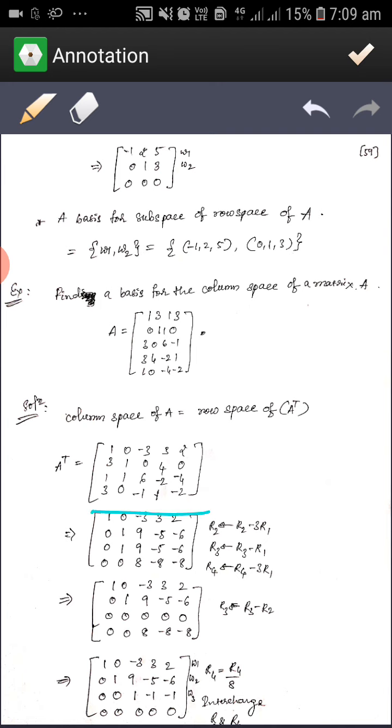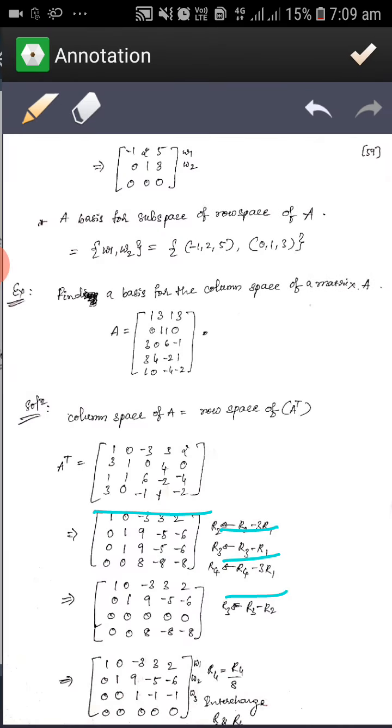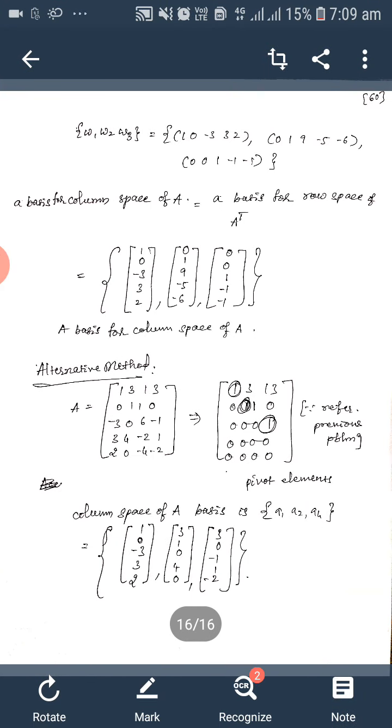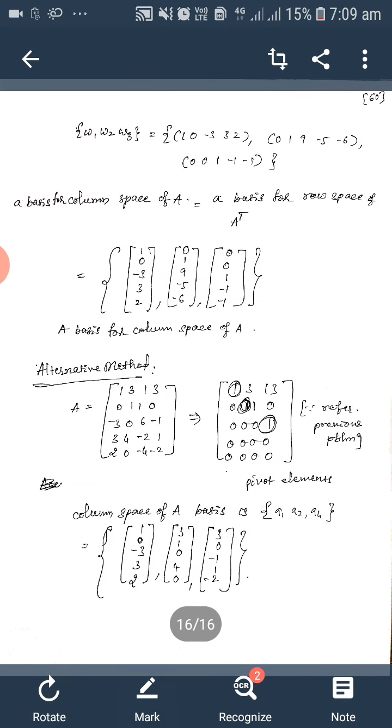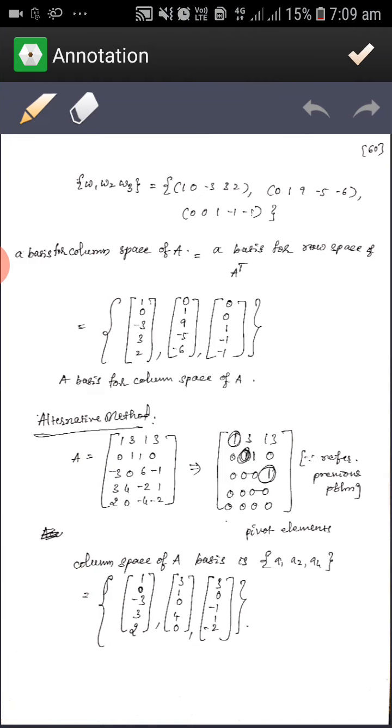So take the transpose matrix, and apply the same method, the row operations. By doing this we can see how many non-zero rows there are: 1, 2, 3 non-zero rows. Those are the basis: first, second and third.